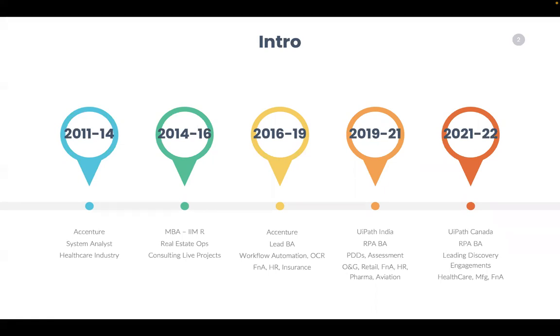And in 2013, I decided that I should go for my MBA. So I started preparing in 2013, and I got admission into IIM Rohtak in 2014. I did my full-time MBA from IIM Rohtak in marketing, IT, and strategy, and I did my internship in a real estate company.